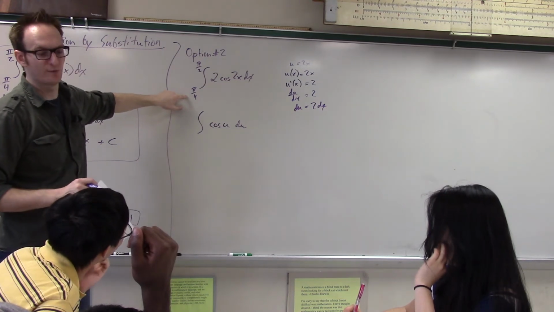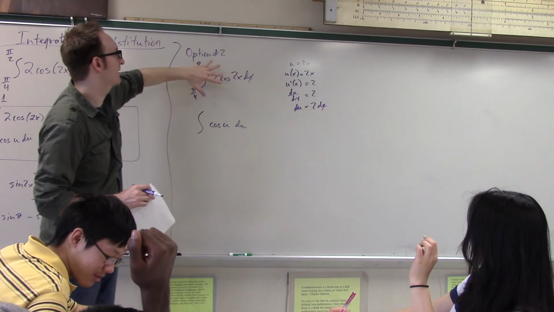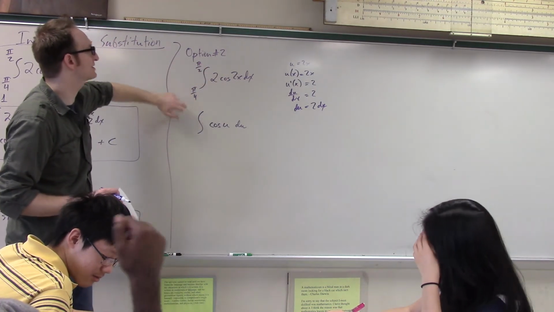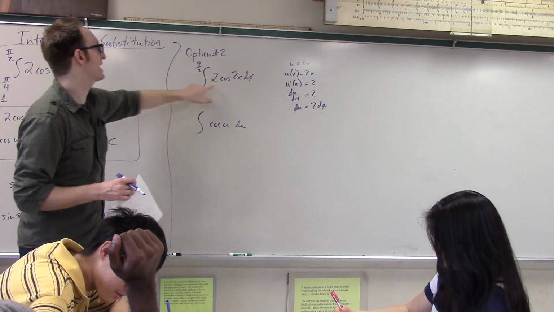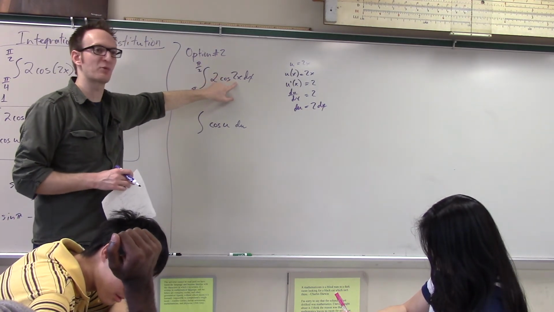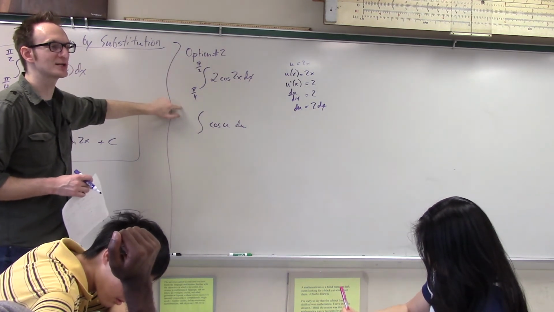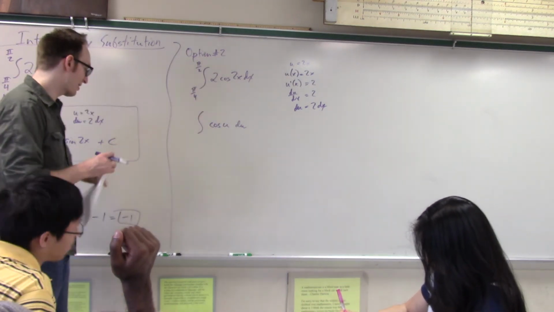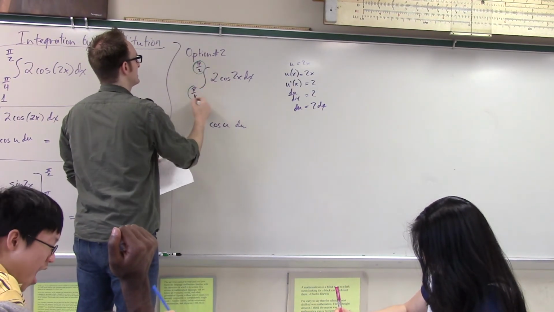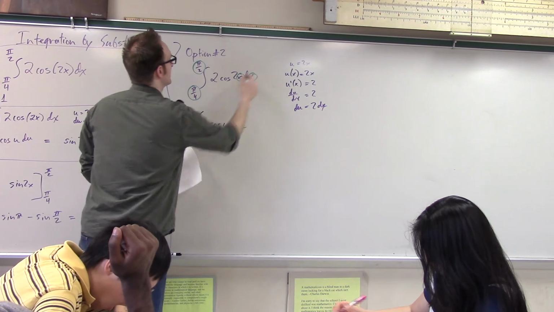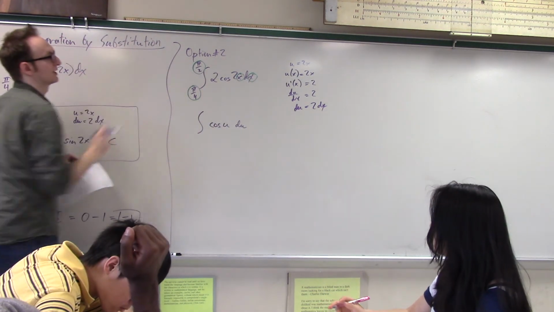But I am converting this entire integral from an integral that involves x values to an integral that involves u values. So when I change the variable which I'm integrating with respect to, I need to change the upper and lower limits of integration also. These guys are x values. So I want you to think of these numbers as kind of belonging to this variable. But when the variable changes, so do these numbers have to change.